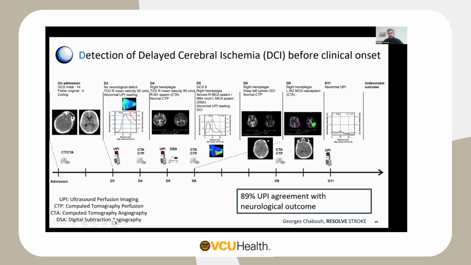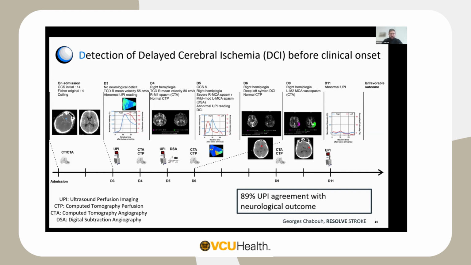And this is what we saw on day 6 with the infarct here on the non-contrast CT. So the take-home message from this slide would be sometimes the vasospasm can be occurring on one side, but the actual problem of perfusion, where we got the ischemia, could be on the other side, and it was not possible to see this at bedside without this technology.